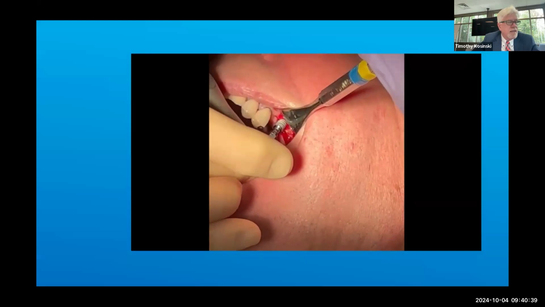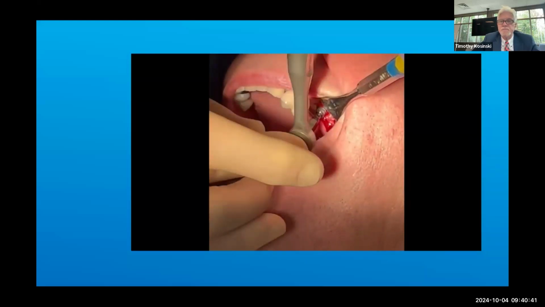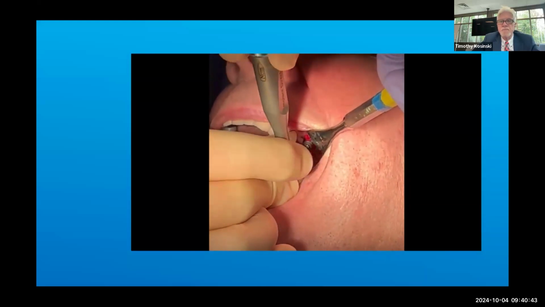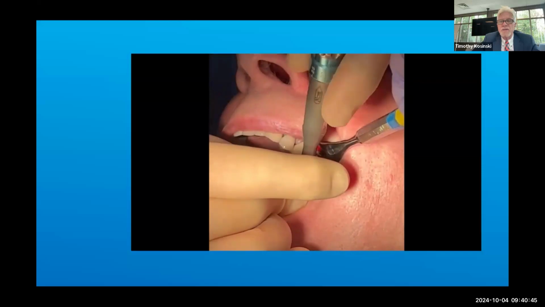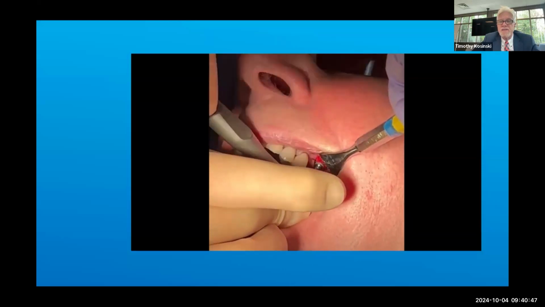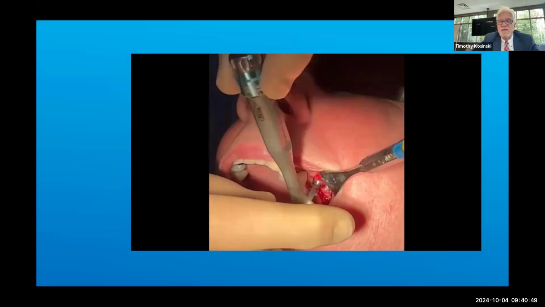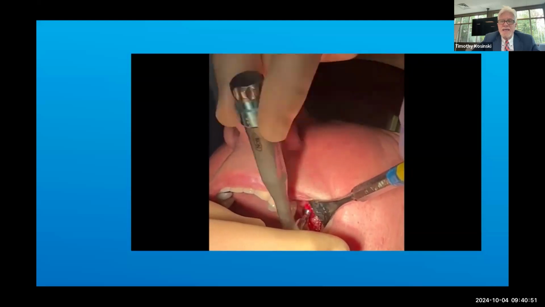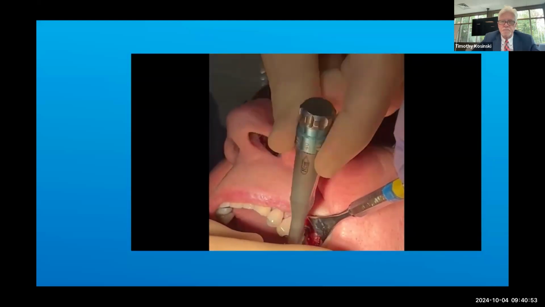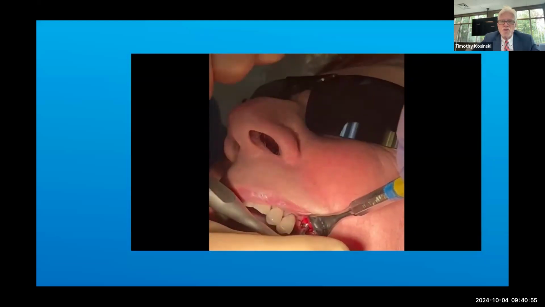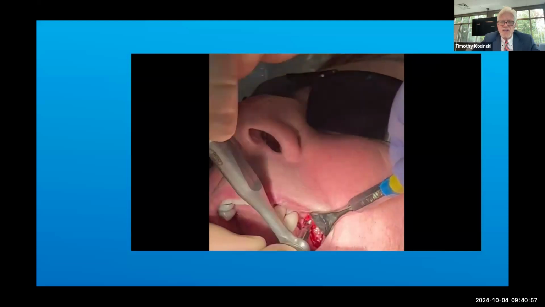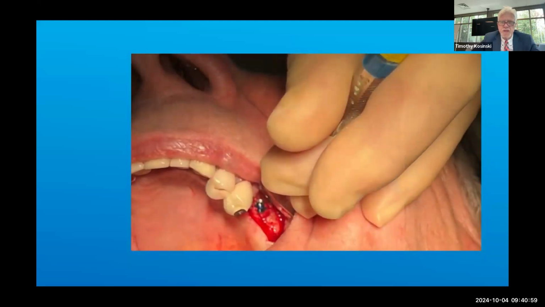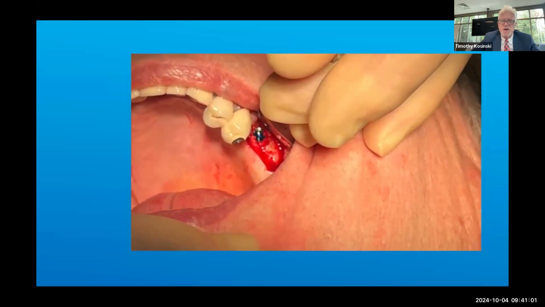And we're just torquing that implant into position with our torque wrench to the crest. And what's amazing, in that soft medullary bone, we were able to torque the HT implant to 45 Newton centimeters.